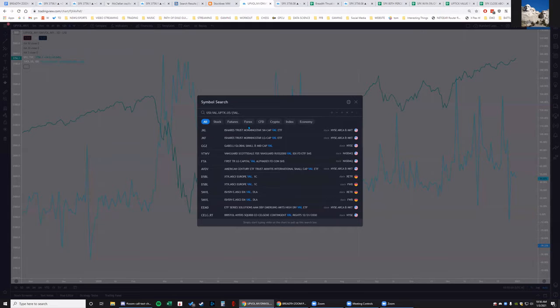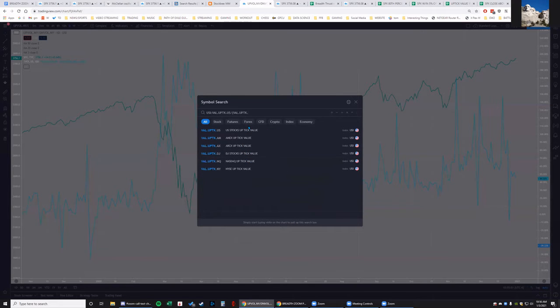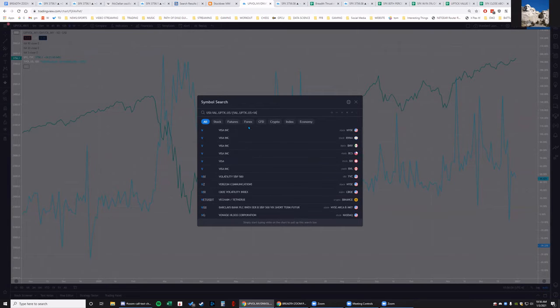I kind of think of it in a way as like when you look at the indexes, equal weight versus cap weighted. So you could think of this like a cap weighted breadth almost. This is kind of adjusting a little bit for the value.